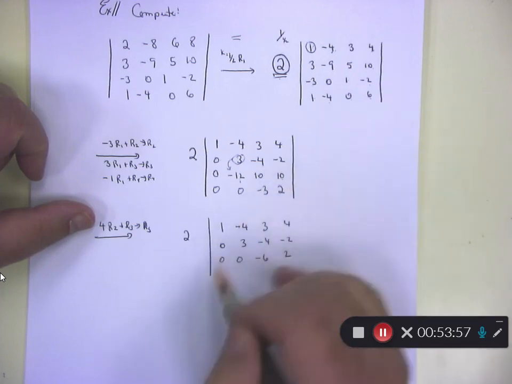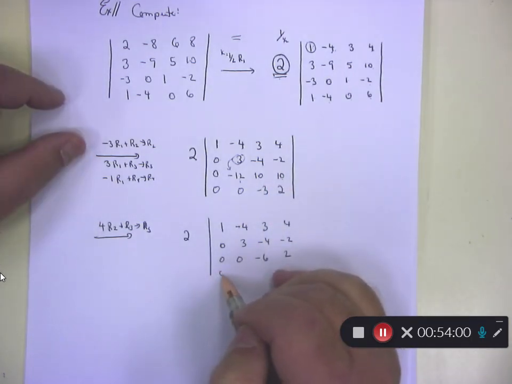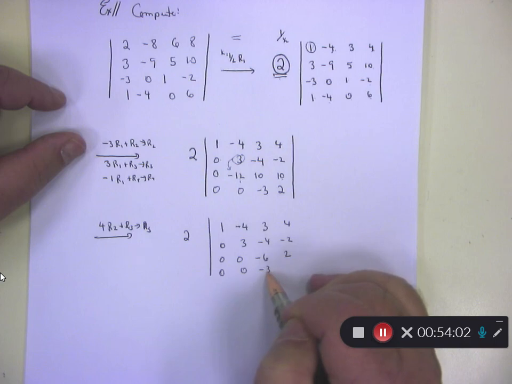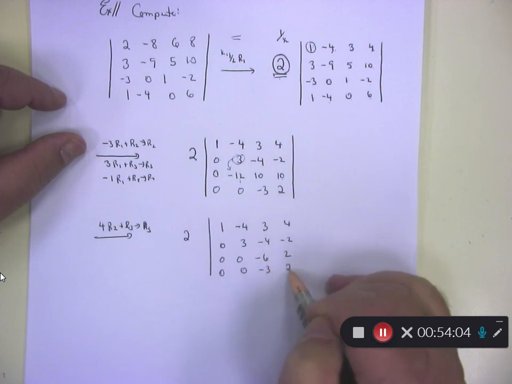And then let's copy down the last row here. 0, 0, -3, 2.